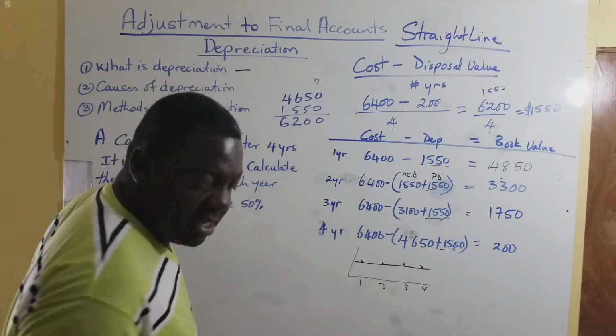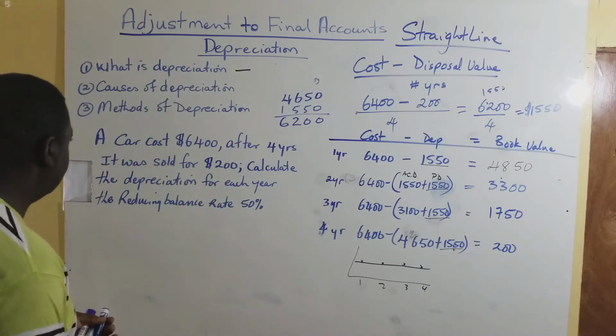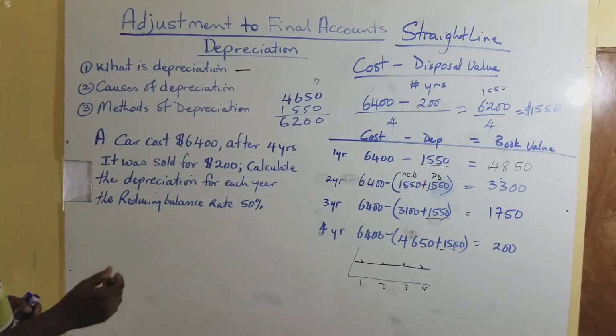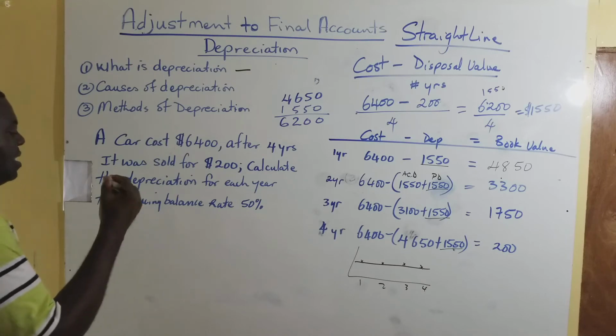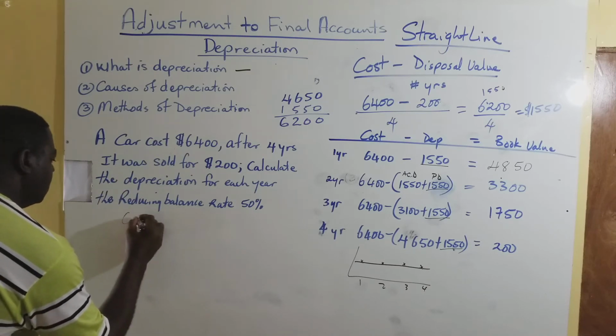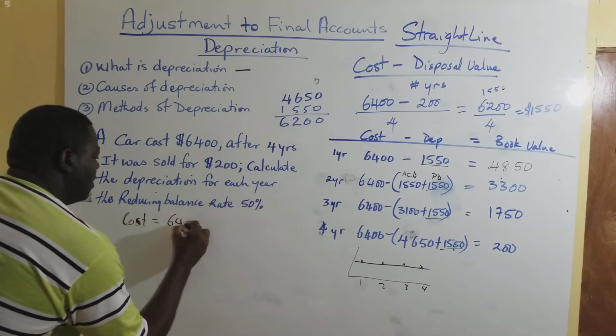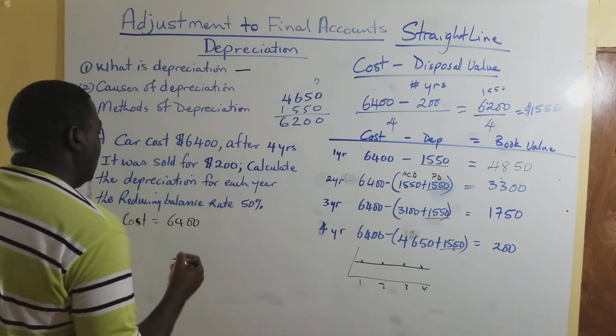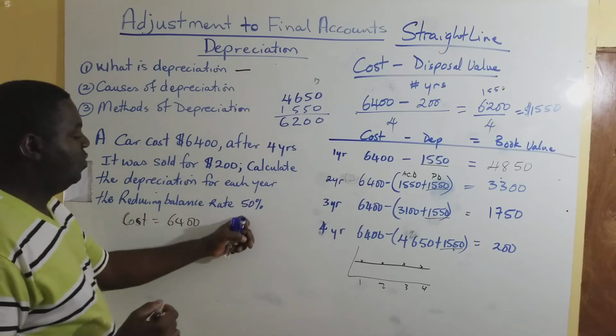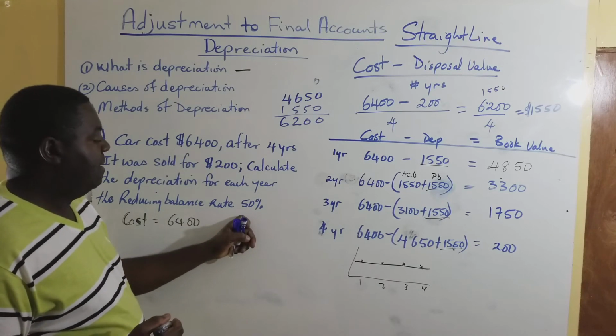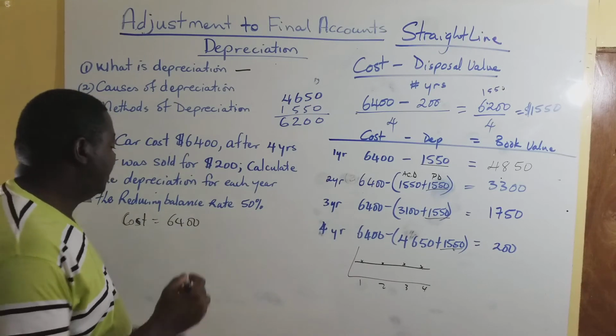Alright, we have one other aspect to this lesson, and that is the reducing balance method. Now let's go. The cost of the asset is 6,400, and they have indicated that each year we should charge 50% as the depreciation.